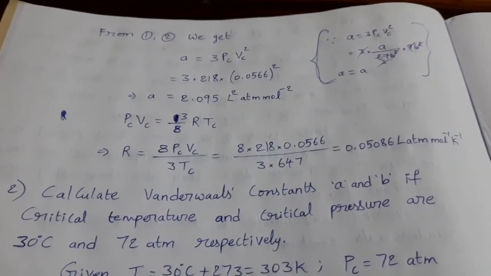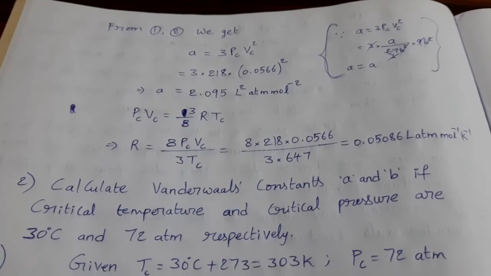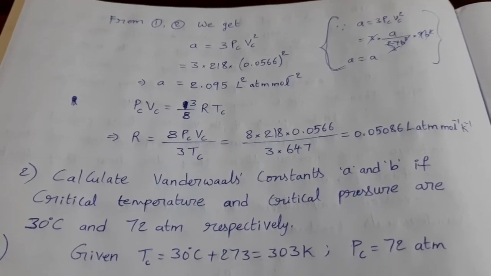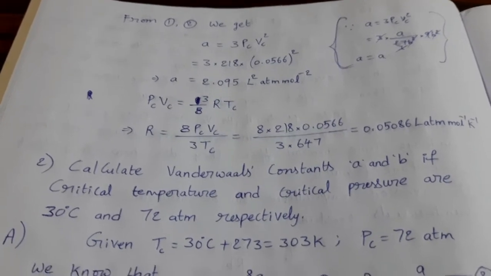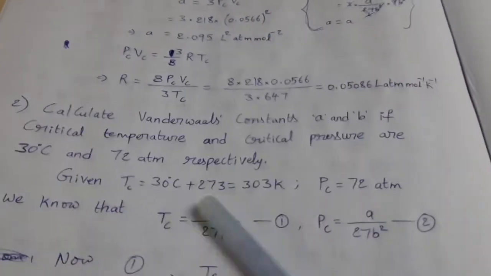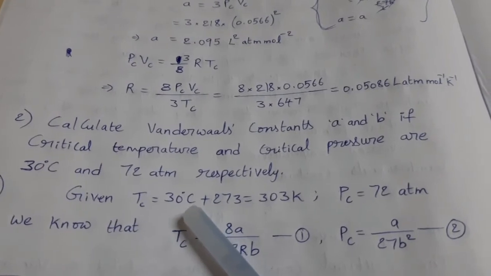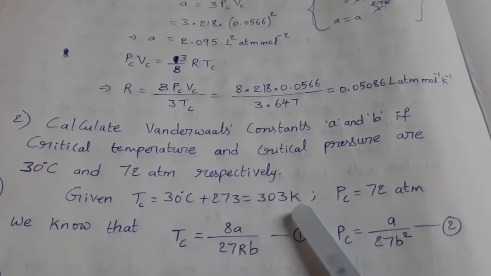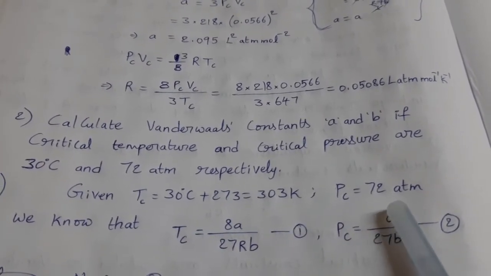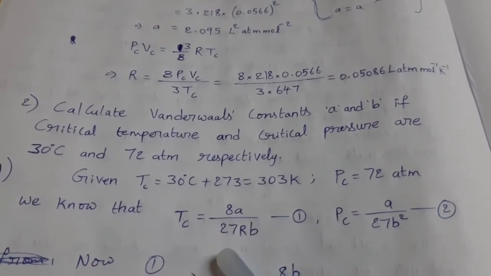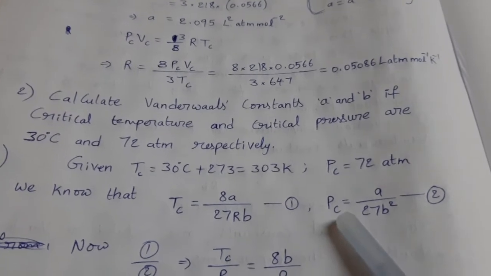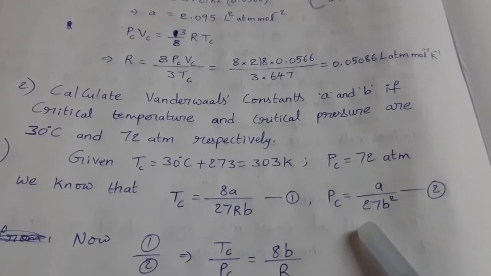Next, calculate van der Waals constants a and b if critical temperature and critical pressure are 30 degrees Celsius and 72 atmosphere respectively. Very simple question. Given Tc equal to 30 degrees Celsius, in Kelvin scale 303 Kelvin, Pc equal to 72 atmosphere. Tc equal to 8a by 27Rb, Pc equal to a by 27b square.